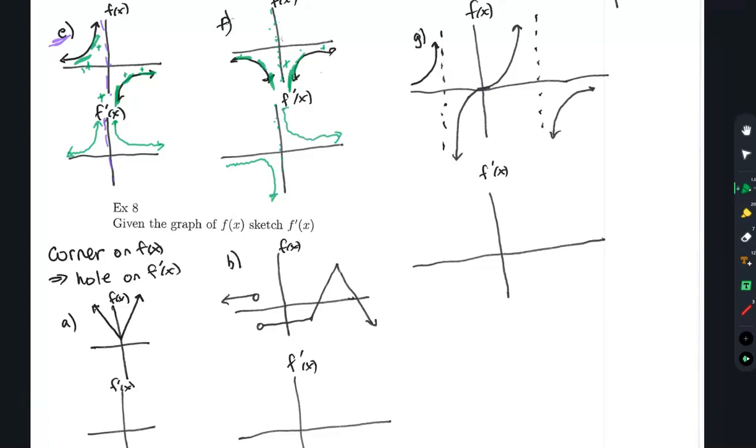Well, this one has a little bit of everything. So I can see I'm going to have asymptotes here and here. And I can see that the slope of the tangent line right there is 0. So I'm going to have 0. So let's just go from here. So small positive, big positive, huge positive slope. So it goes up like that. Huge positive, smaller positive, getting to 0.